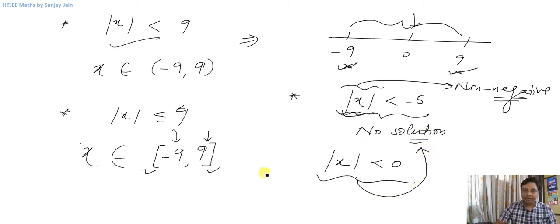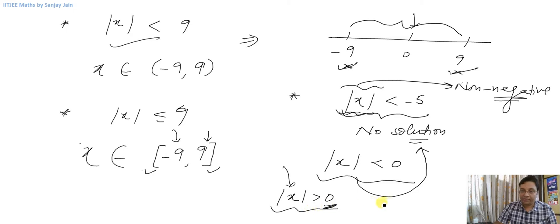Okay, but if I write, let us say, mod x is greater than 0, then every number is a solution of this just apart from 0, because when x is 0, then this will become an equality.